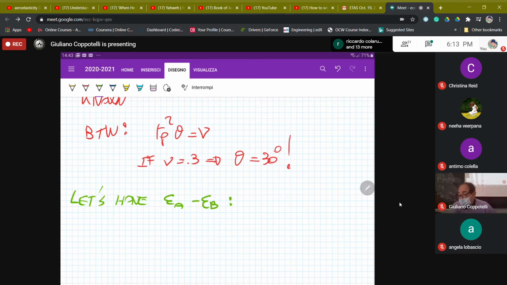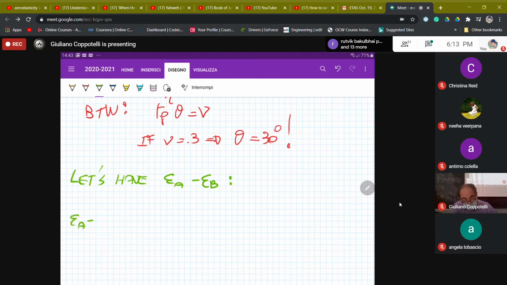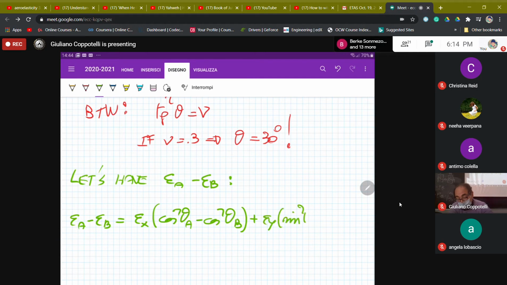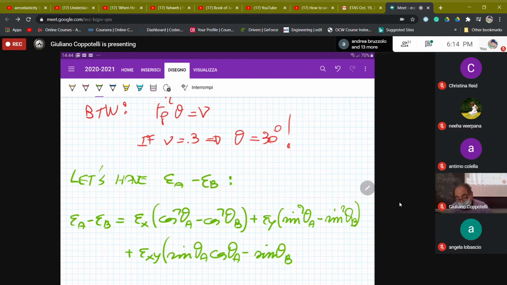Such a difference is equal to epsilon x (cosine square theta A negative cosine square theta B) plus epsilon y (sin square theta A negative sin square theta B) plus epsilon xy (sin theta A cosine theta A negative sin theta B cosine theta B).